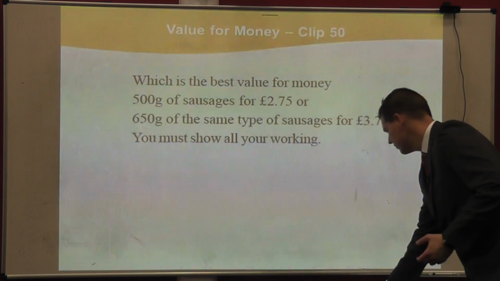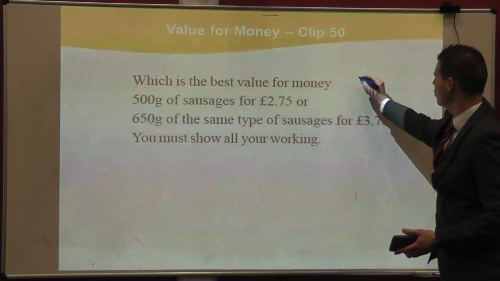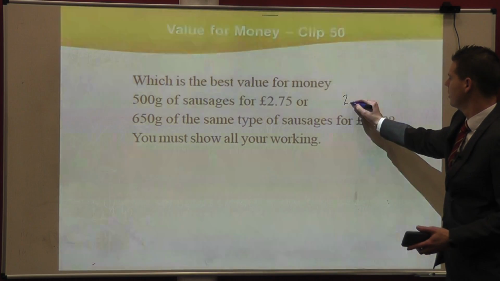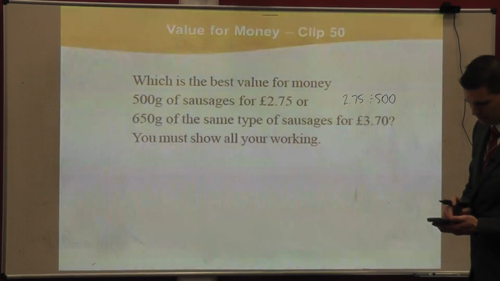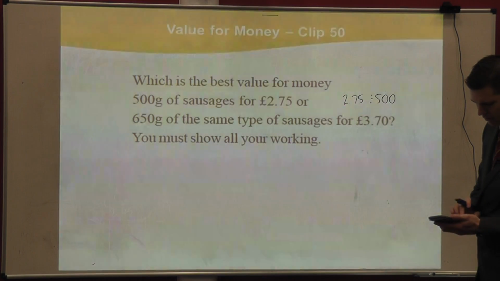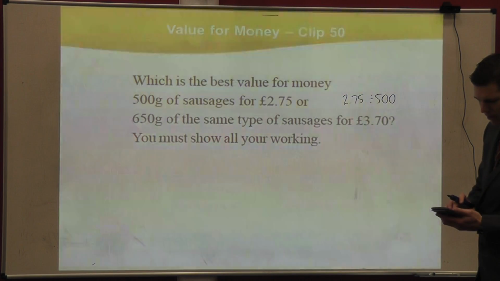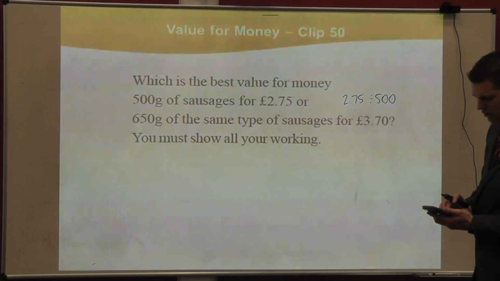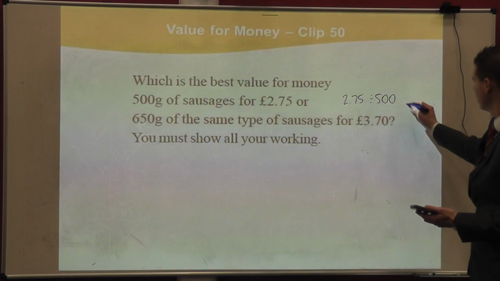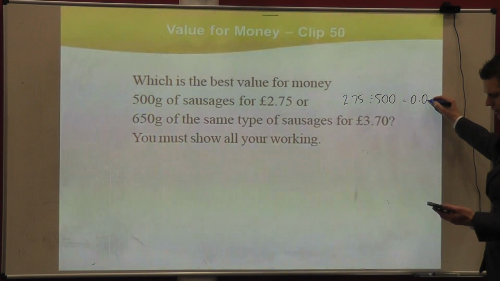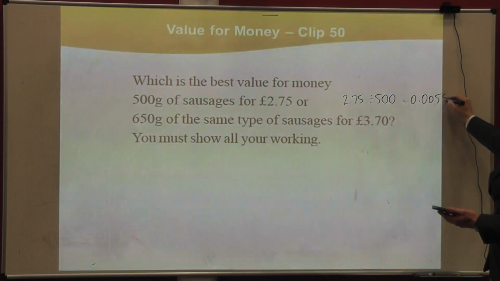So here, if I do £2.75 and I divide it by 500, it comes up with a bit of a ridiculous number, which is 0.0055.